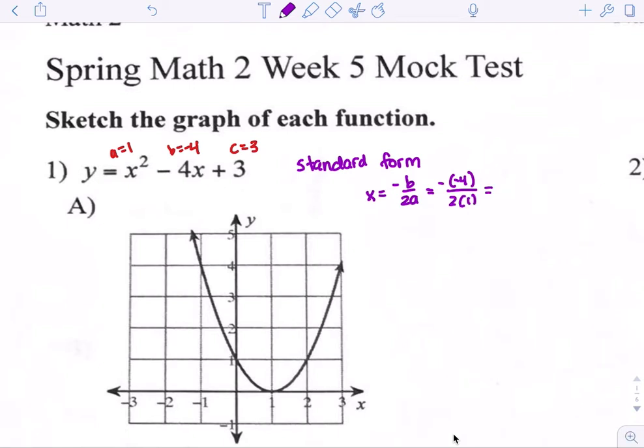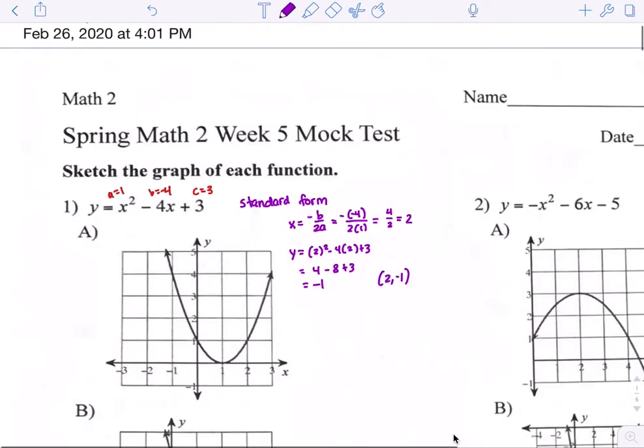Negative of negative 4, you guys, is positive 4 over 2, and this is just going to be 2. Now plug in 2 into the original equation, so 2 squared minus 4 times 2 plus 3. 2 squared is 4, negative 4 times 2 is negative 8 plus 3, and this is going to be negative 1. So your guys' vertex is 2, negative 1.